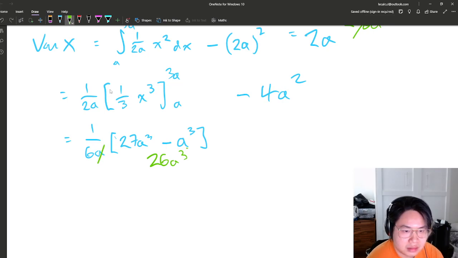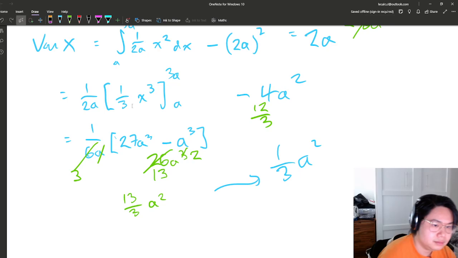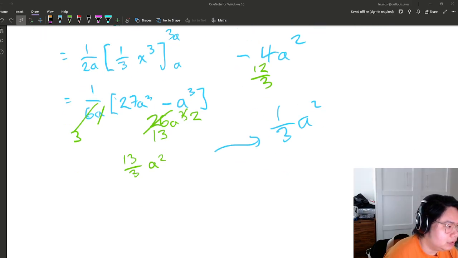A divides with this a to make a squared. 26 and 6 reduce to 3 and 13, right? Divide both by 2. Okay, so then currently I have 13 over 3a squared, and then 4 is 12 over 3, so I'm going to subtract 12 over 3a squared. So this becomes 1 over 3a squared. Okay, not so bad.